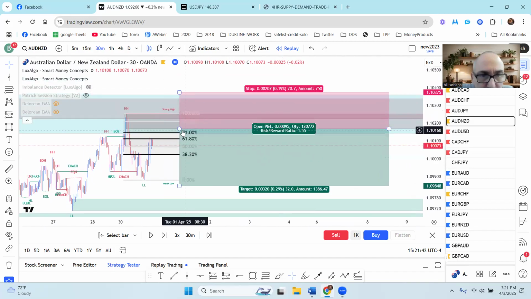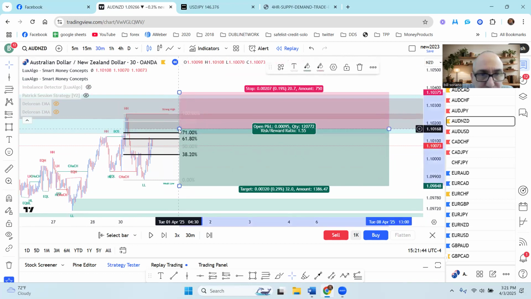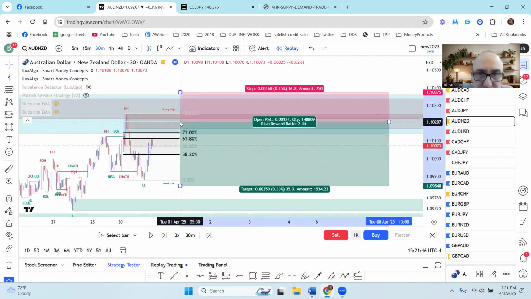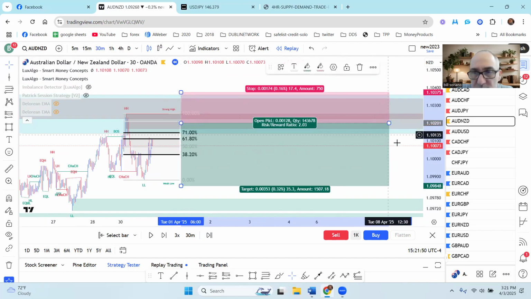So we really would have to move this further up, to right about here, in order to get a 1 to 2. We can adjust that because it's inside of our refined 30-minute demand zone. If you watch the video, it tells you to first try the 61.8, then the 71, and then the 1-hour refined zone.